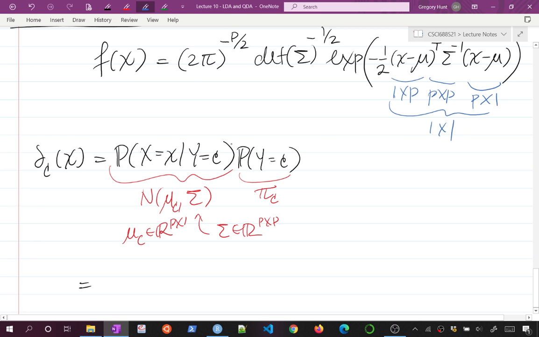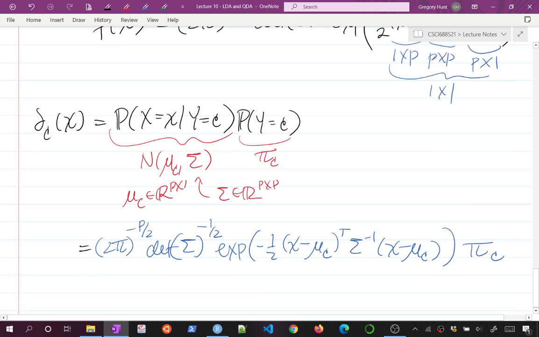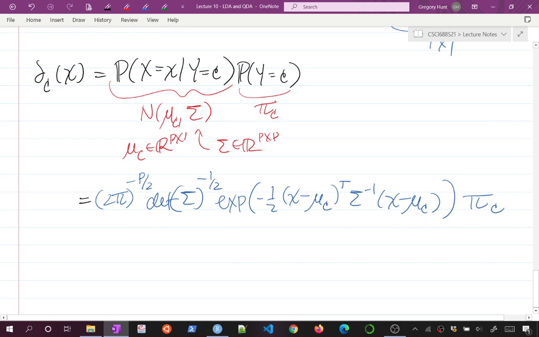So for class C, this is 2 pi to the negative p over 2, determinant of sigma to the negative 1/2, exponential, negative 1/2, x minus, now for class C, it's mu c, and then we multiply by pi c. So you could stop there. That is our discriminant function.